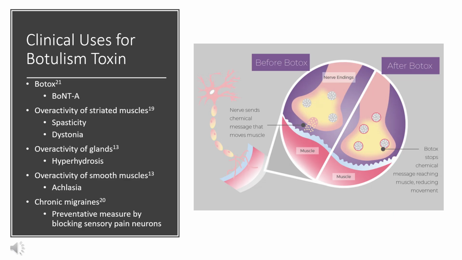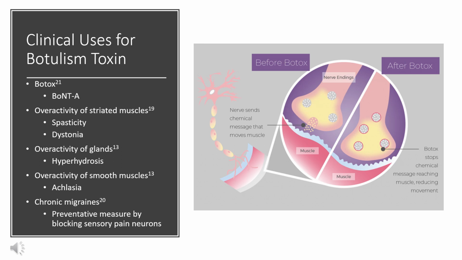The botulism toxin does have positive clinical uses by utilizing the paralysis effect. Botox uses the botulism toxin A in order to relax facial muscles and thus smoothing out wrinkles. It can also be used to treat overactive muscles in patients with cerebral palsy or muscular dystonia by preventing uncontrolled movements.